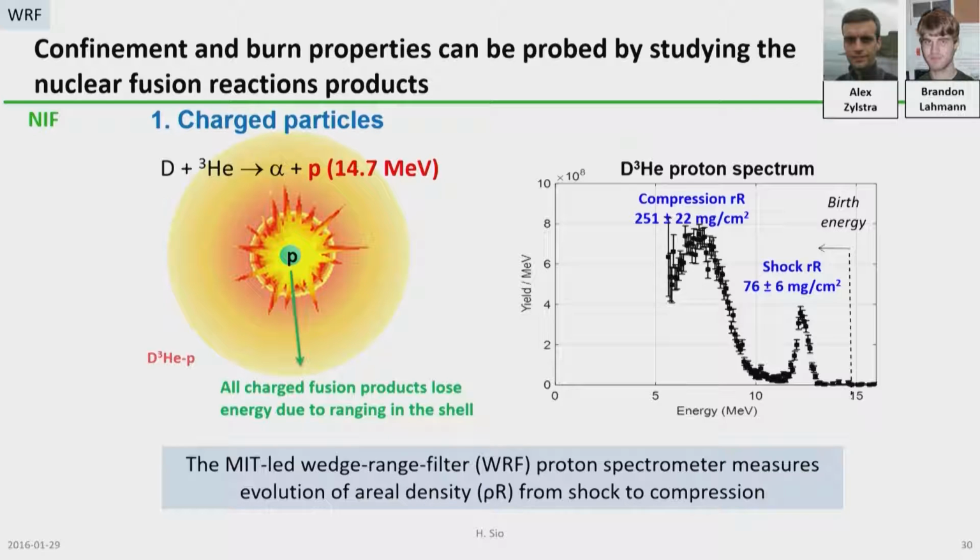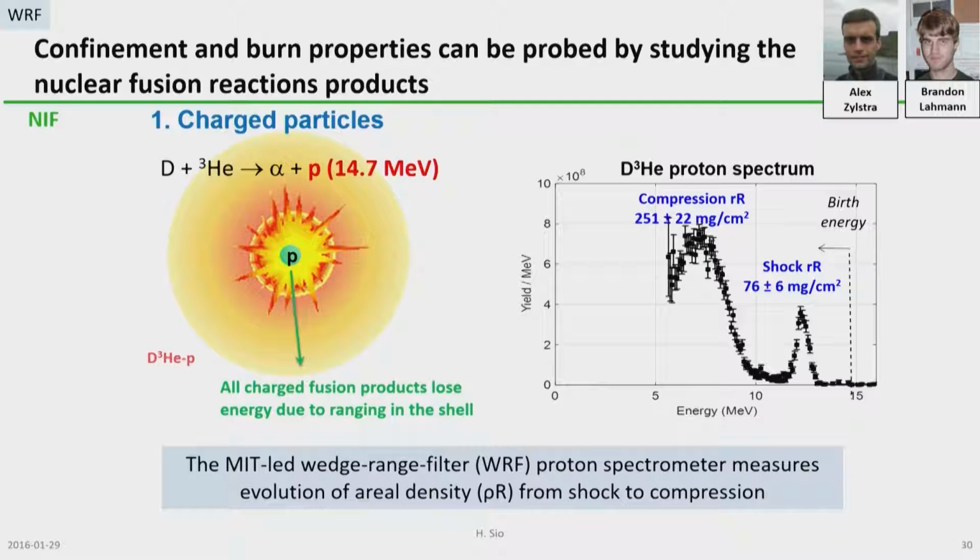And this is done by using the D-helium-3 protons from the implosion, which are 14.7 MeV. As the proton escapes, it loses energy based on how much stuff it sees on its way to the detector. So over here, where it says shock ρr, these are the protons that escape during shock time.